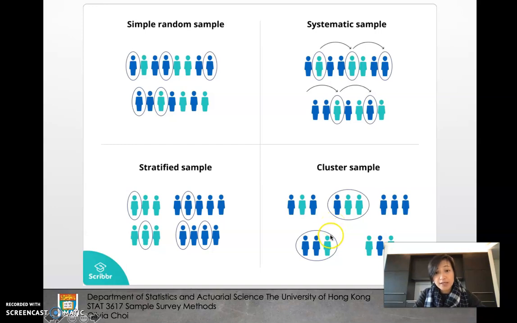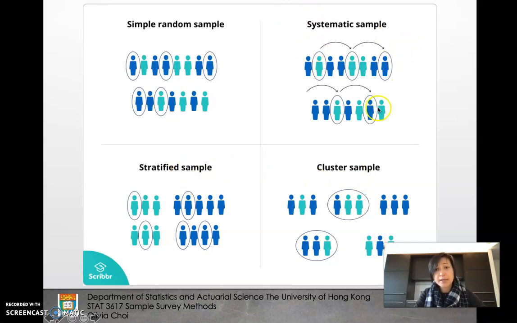Within a household, the ages are quite different because of the age difference between the parents and the kid, right? But between clusters, they're very similar. In that case, if I'd like to estimate the average household age, then using cluster sampling would be a better method. So you can see the difference between choosing stratified random sampling or cluster sampling.